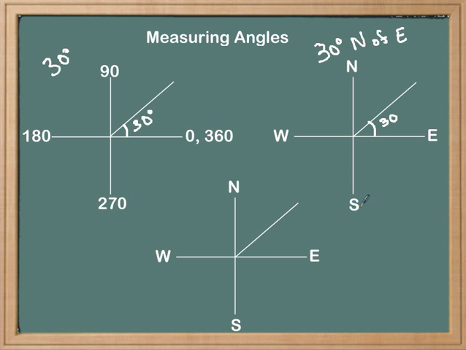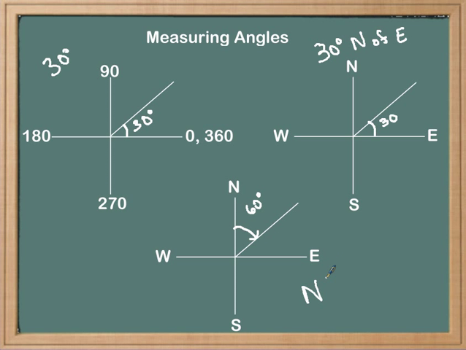Finally, we can write this vector in a separate way. What we do is we first start with either writing the north or the south, depending on which direction it's going. And in this case, this is going up, so we write N for north. Then we determine how far away is this vector from the north, so we look at this angle here. Well, we've already established that each quadrant is 90 degrees, so if this angle down here was 30, this must be 60.